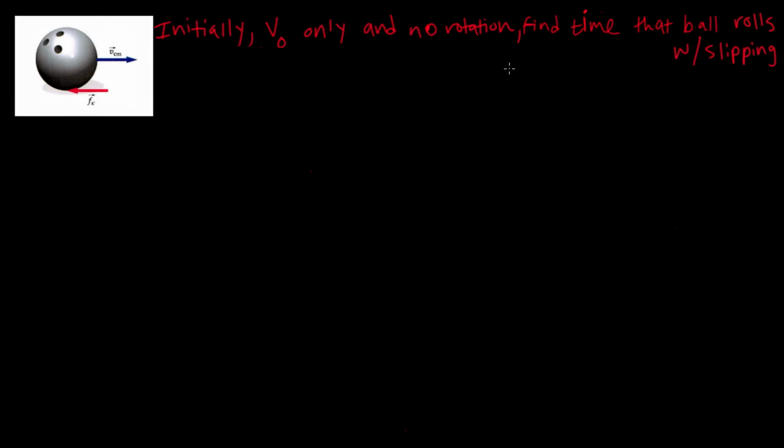As I wrote over here, I want to find the amount of time that the ball rolls with slipping. Or in other words, I just want to find the amount of time that the ball slips, from its initial point of when I throw the ball down to its final point of rolling without slipping.